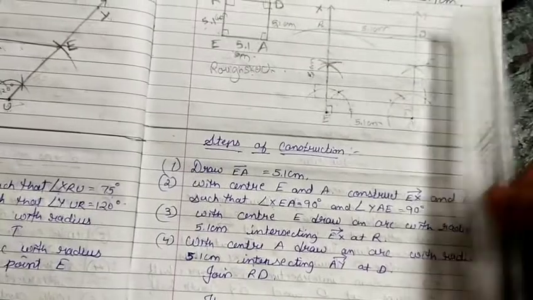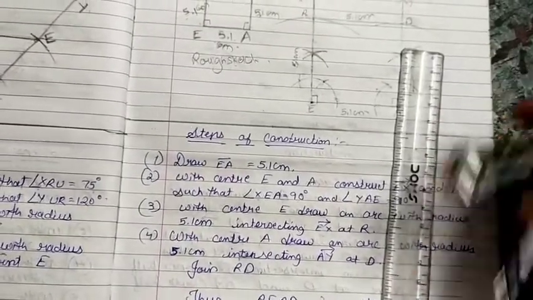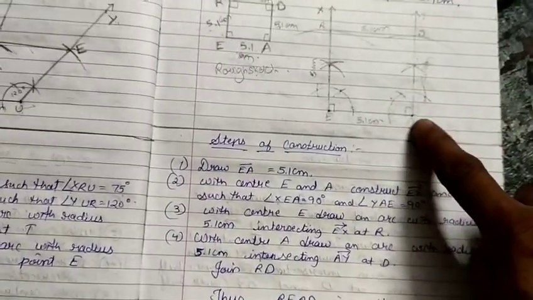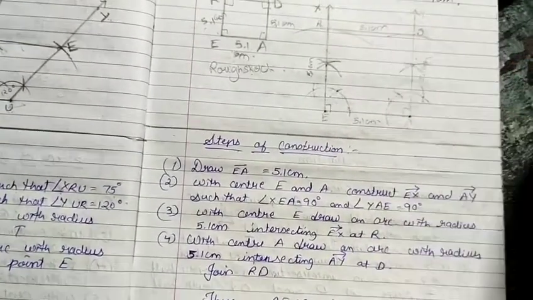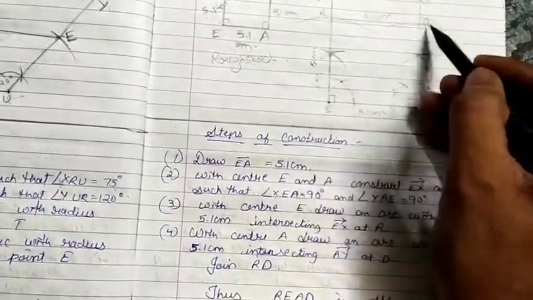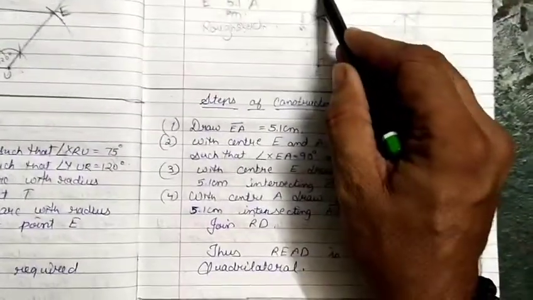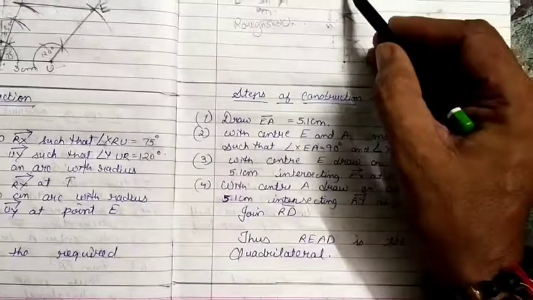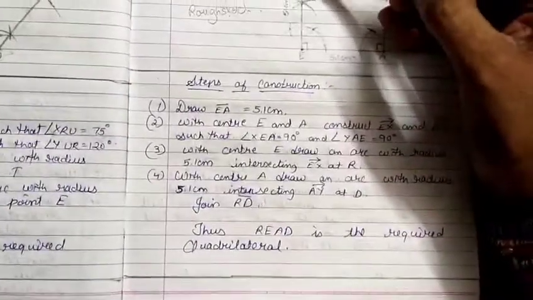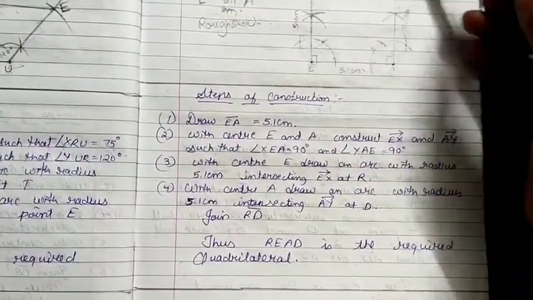The radius we had taken is 5.1 only. Intersecting ray AY at point D. Now, after getting the connecting points, the final step is to join RD. So write down: join RD. This is how we got our quadrilateral READ.